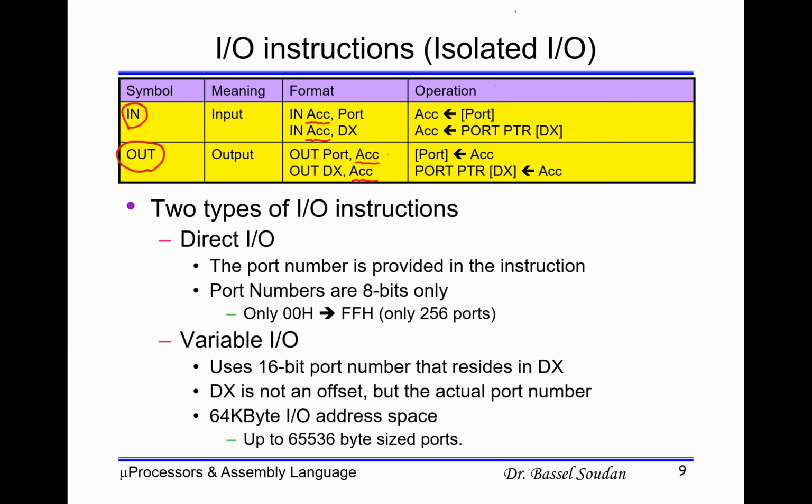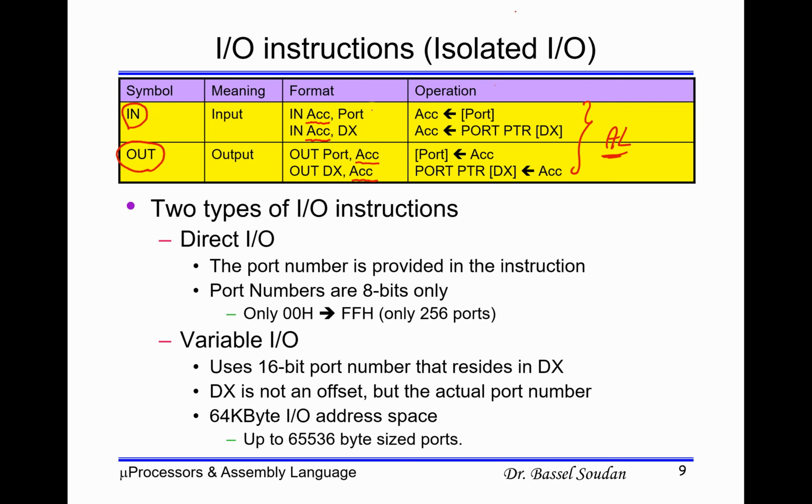So the input and output should always go through the AL register. The AL will carry the data either as an IN from the port to the microprocessor, or as an OUT from the AL to the specific input output device.